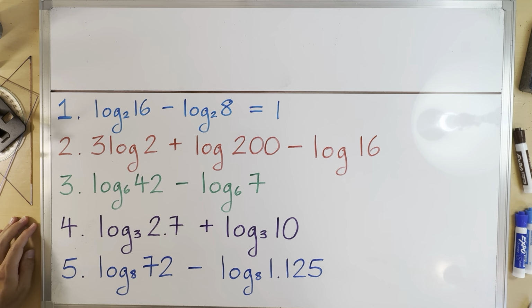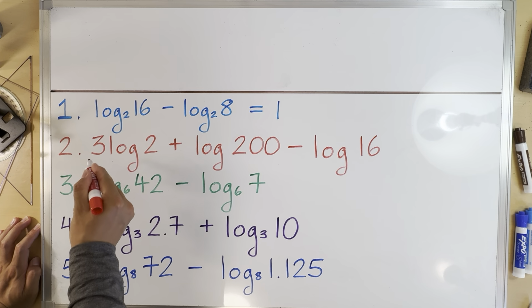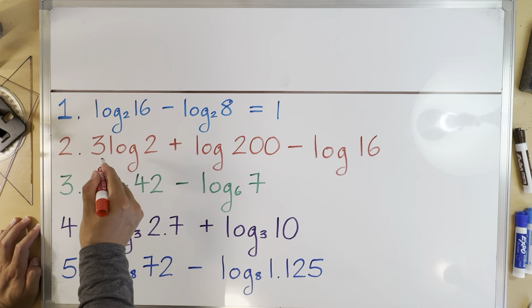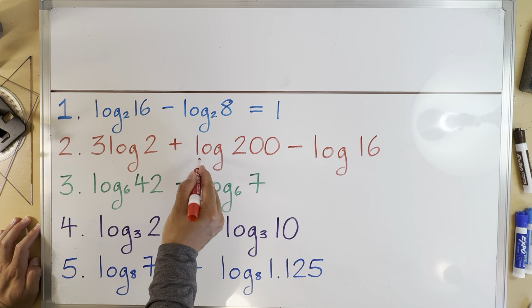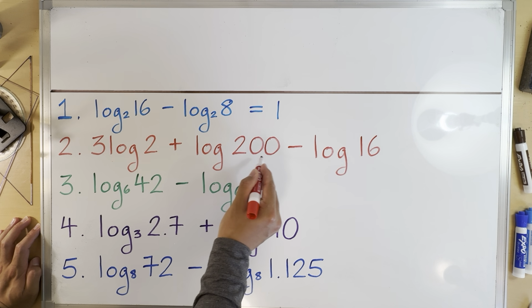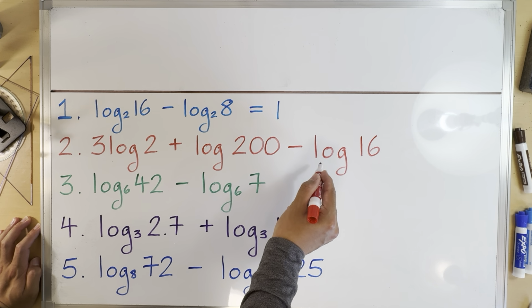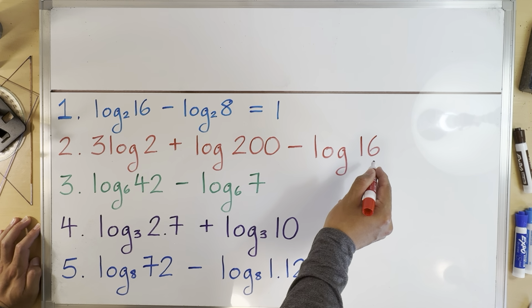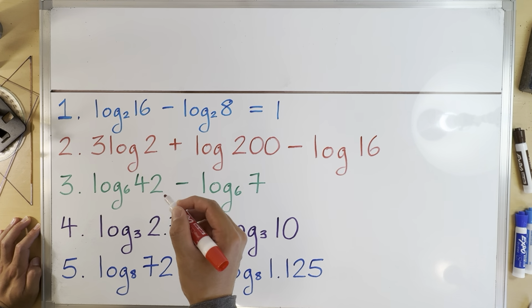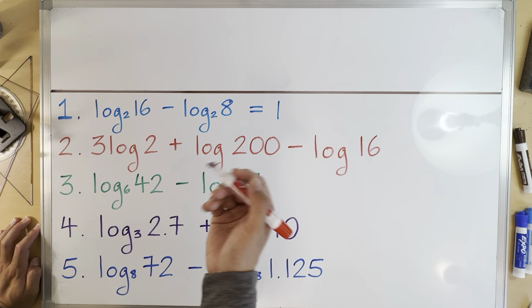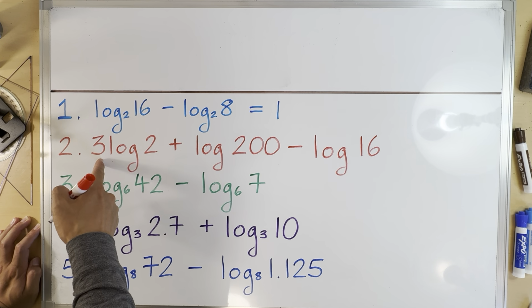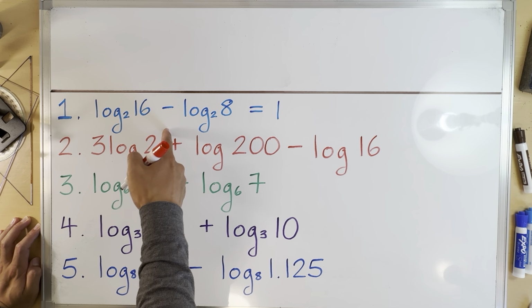For problem number 2, we have 3 times the log base 10 of 2 plus the log base 10 of 200 minus the log base 10 of 16. According to the power rule for logarithms, this 3 right here can be written over here.